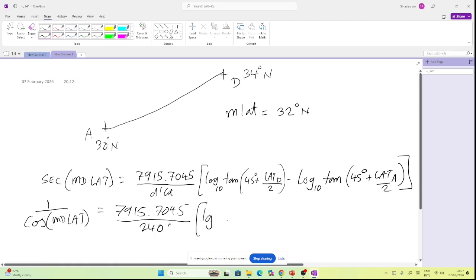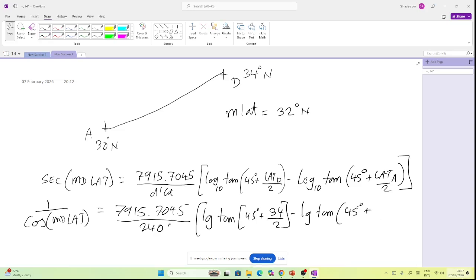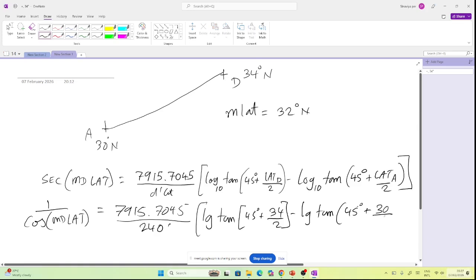So I'll just put LG here instead of writing everything. Tan 45 plus latitude D is 34 divided by 2 minus LG tan 45 latitude A is 30 divided by 2.